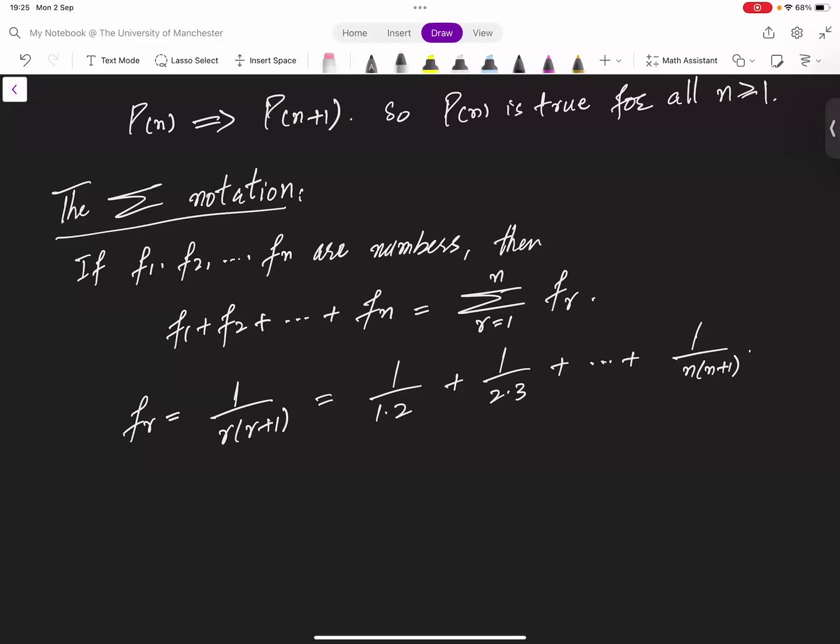So we can write this as sigma r from 1 to n of 1 over r into r plus 1. Right? Okay. And then for example 5.1, this says that in general, this is nothing but n over n plus 1.